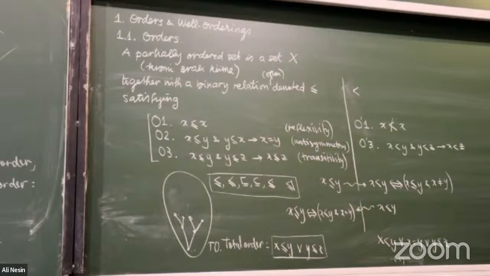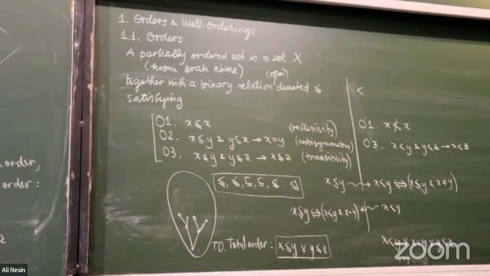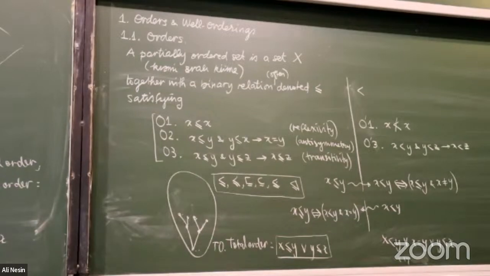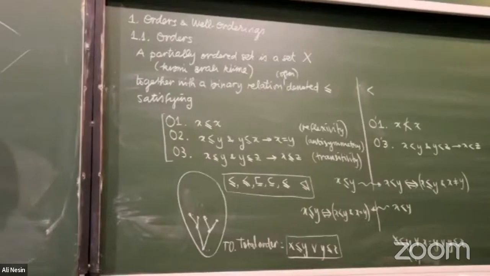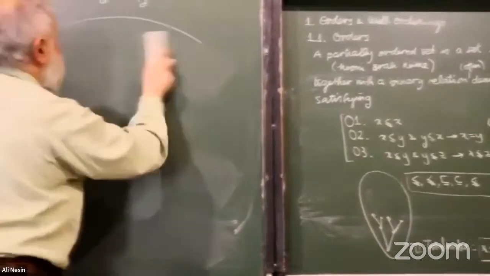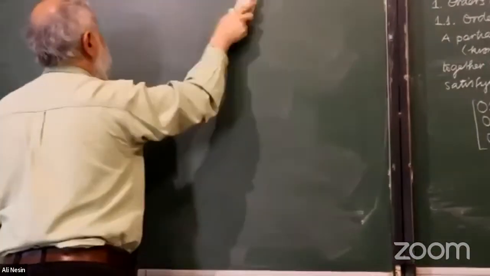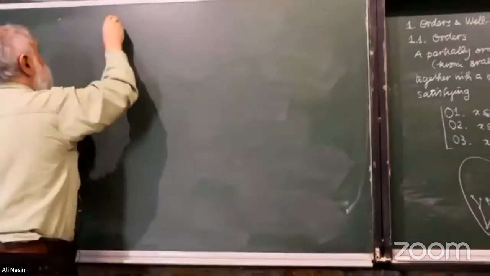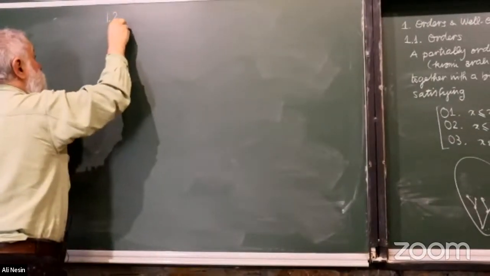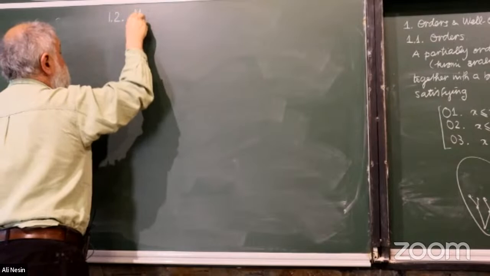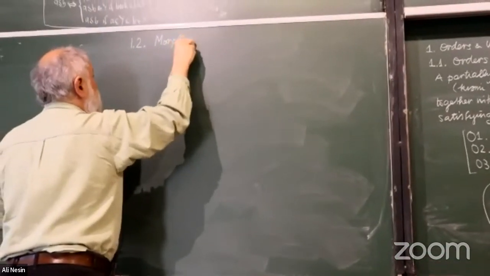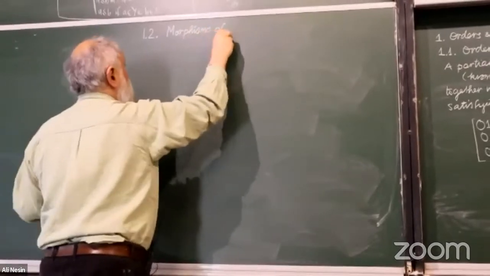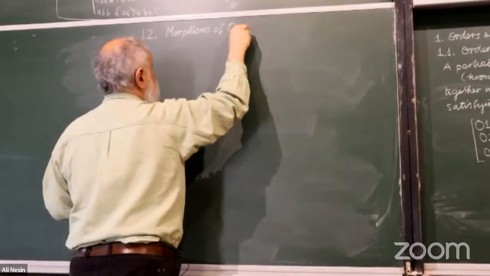Now homomorphisms. 1.2, morphisms of orderings.